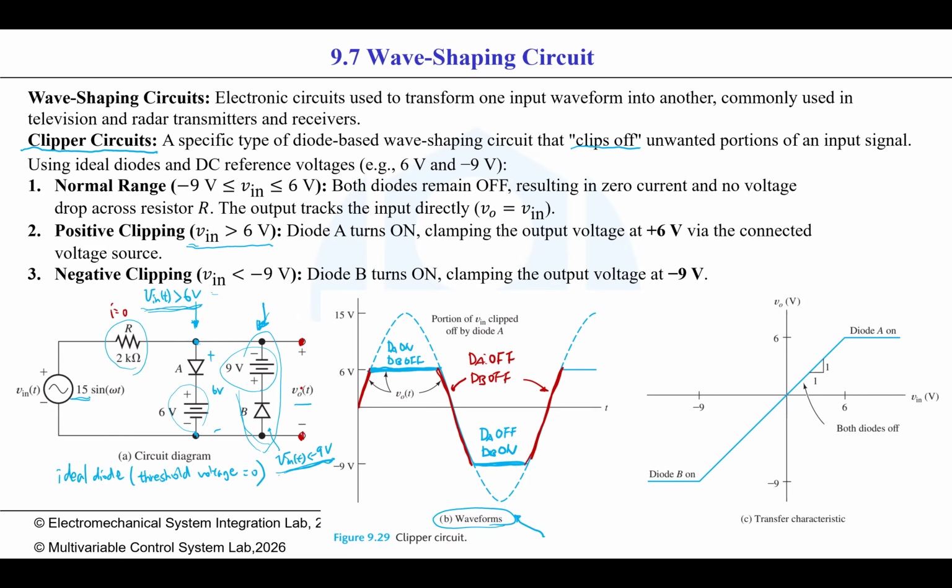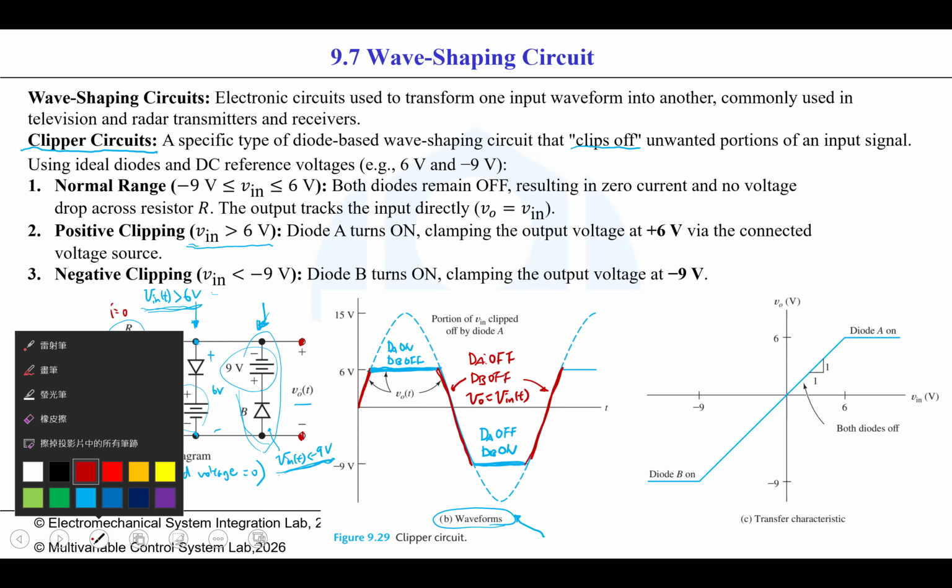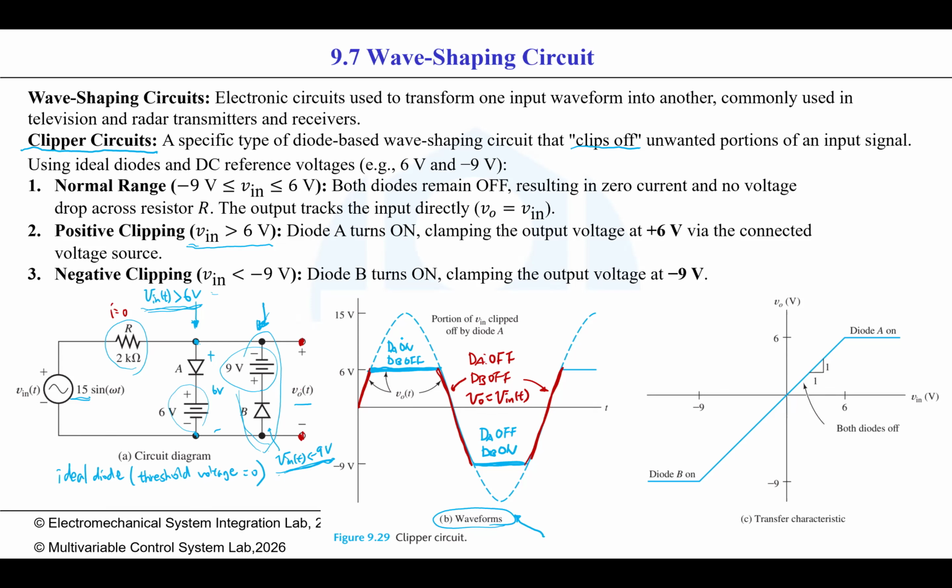At this moment, VO equals VIN, because both A and B are off. So for DA on, DB off, VO equals 6 volts. Here VO equals minus 9 volts.